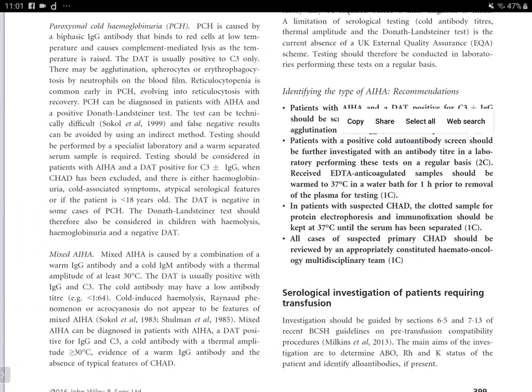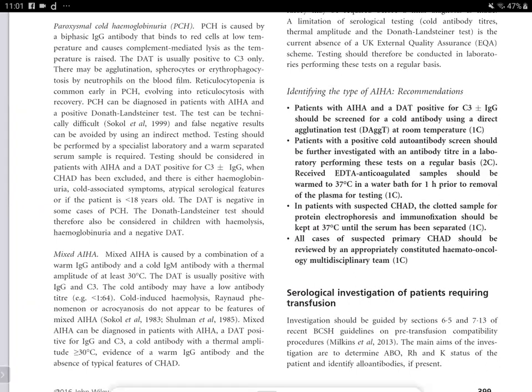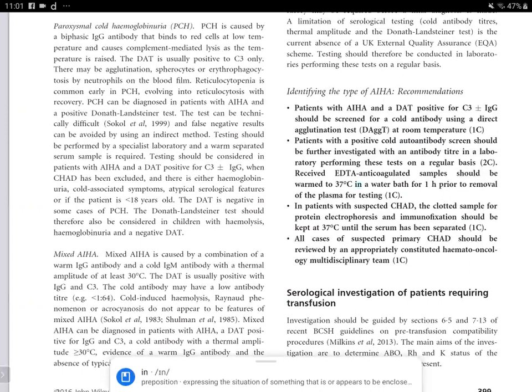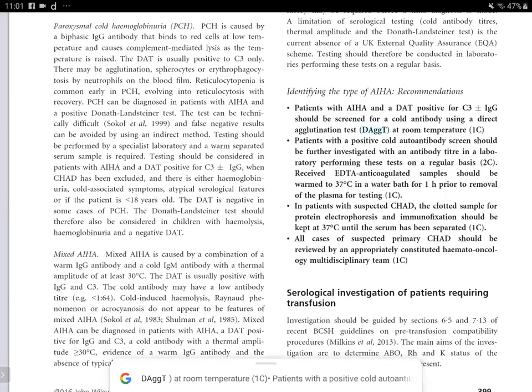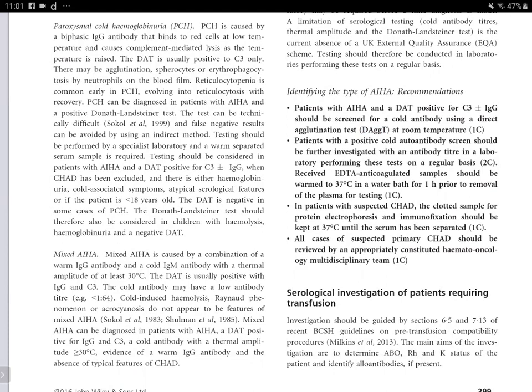So these two temperatures are mentioned again: in the direct agglutination test, the sample should be warmed to 37 degrees centigrade in a water bath 1 hour prior to removal of plasma for testing. And for immunofixation also, it needs to be kept at 37 degrees centigrade. It should ideally be transported at room temperature also, or otherwise it should be pre-warmed to 37 degrees centigrade.